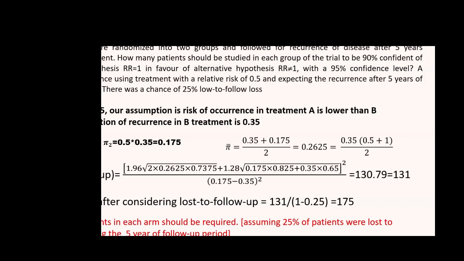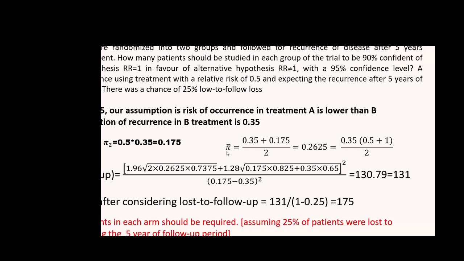And the expected recurrence after 5 years of treatment B is 35%. So treatment B is the old treatment, 35%, and now we are expecting the new treatment will reduce the recurrence by 50%. So our recurrence in treatment A is 17.5%, that is half of this one.